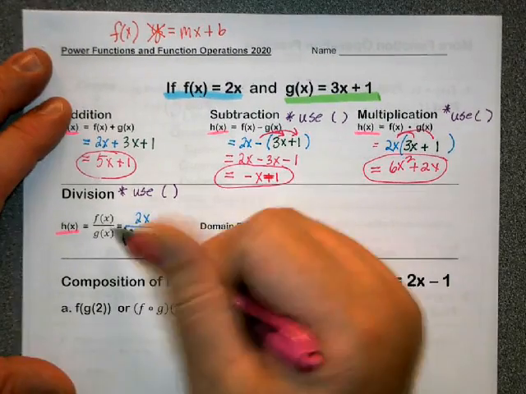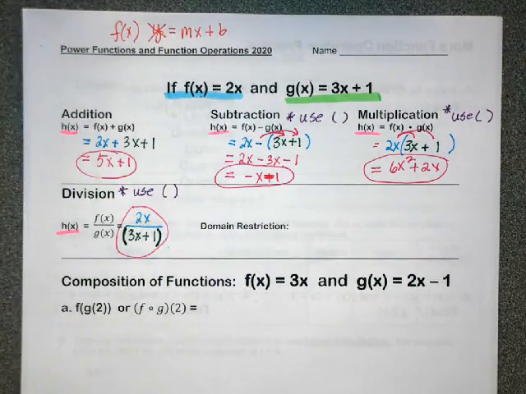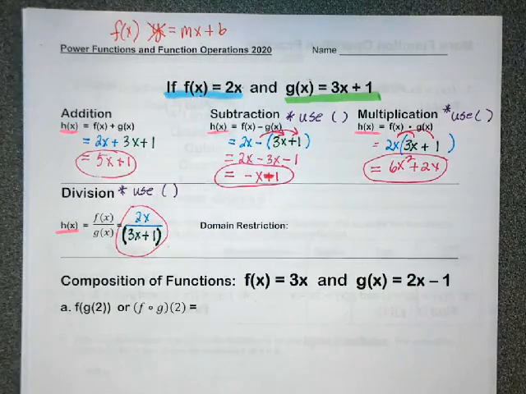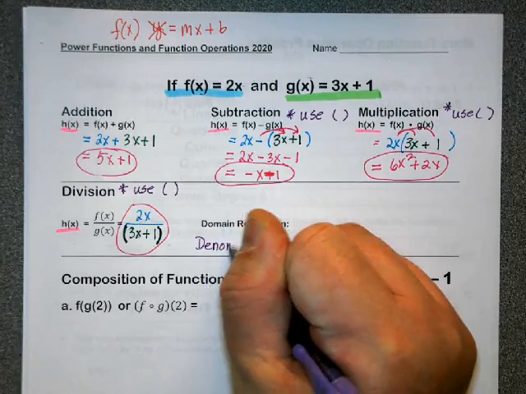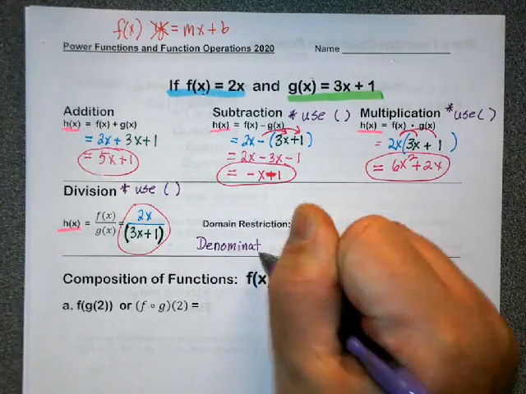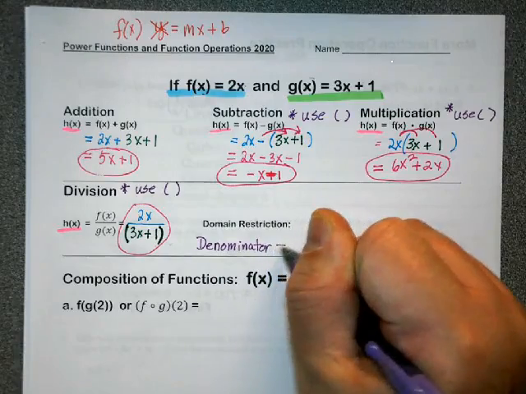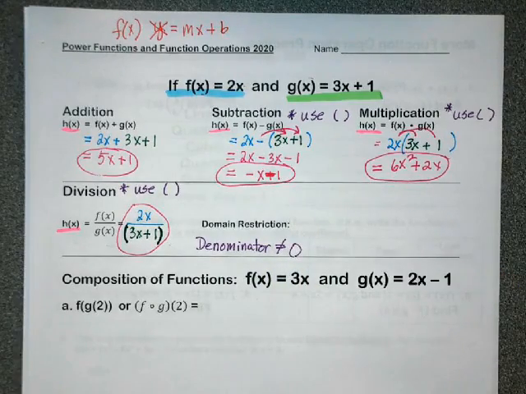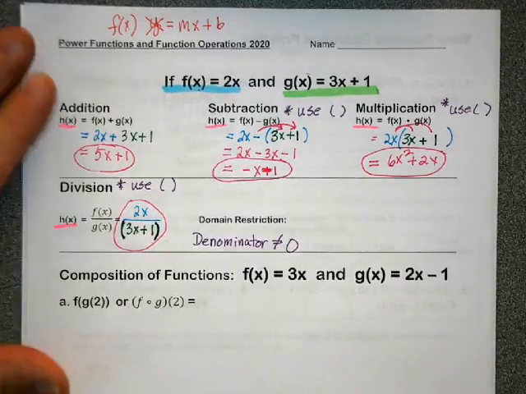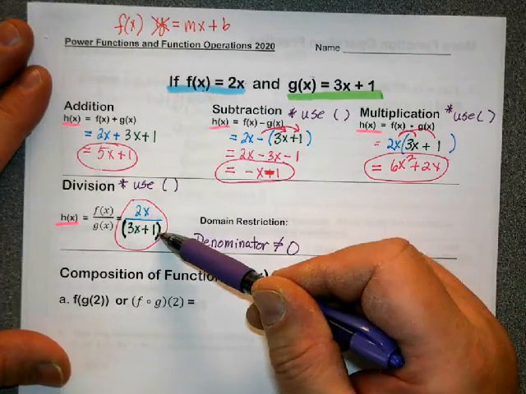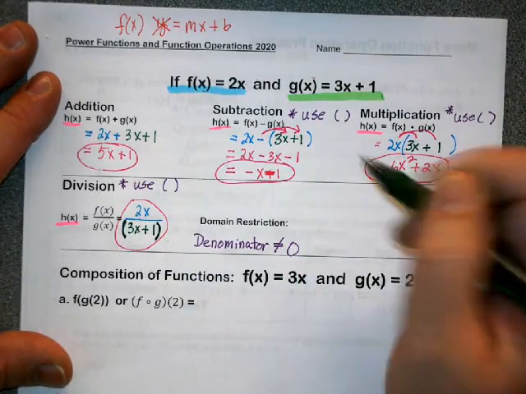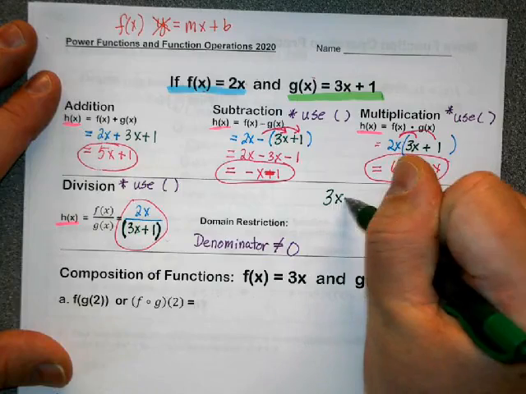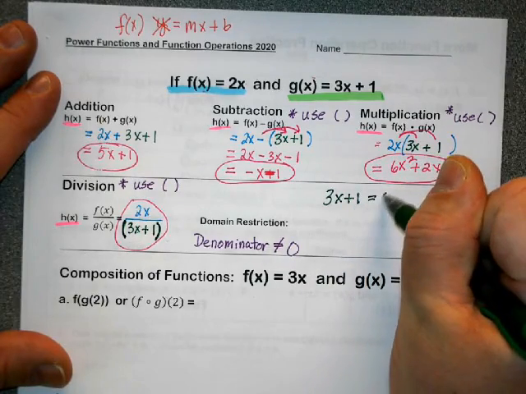Main restrictions? Yeah, let's talk about that. What can't I have in the denominator of a fraction? The denominator cannot equal 0. Cannot have a 0 in the denominator, right? So we're going to have a restriction. Let's figure out what makes our denominator 0. So let's take our 3x plus 1 and set it equal to 0 and solve for x.